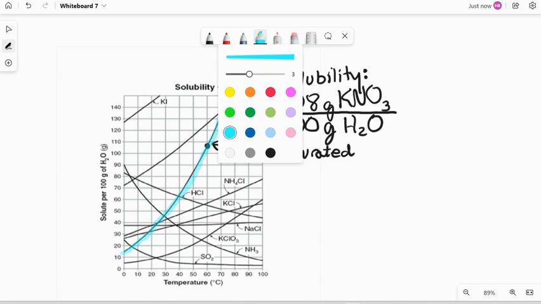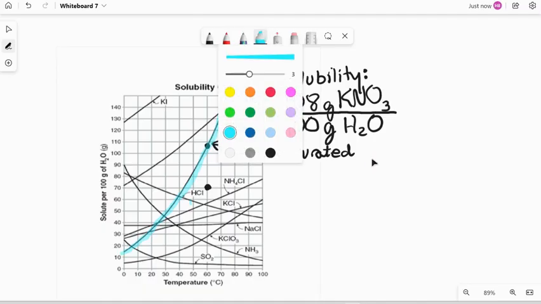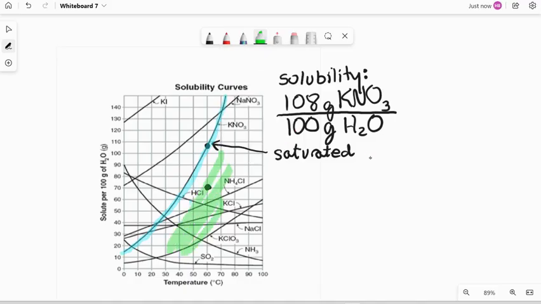But what if you're not on the line? What if I say I have 70 grams of KNO3 dissolved in 100 grams of water? Anything down here is going to be what's called an unsaturated solution. So any of the values underneath the curves are going to be called unsaturated.